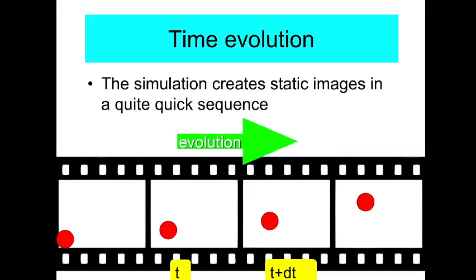So what the simulation does is this. It produces images according to our prescriptions, and then it updates the images so quickly that we perceive a smooth, continuous motion. In a way, we will generate a cartoon by using the coding in Java, okay?